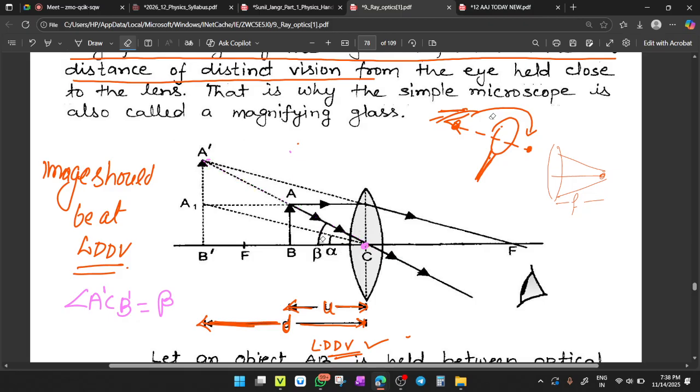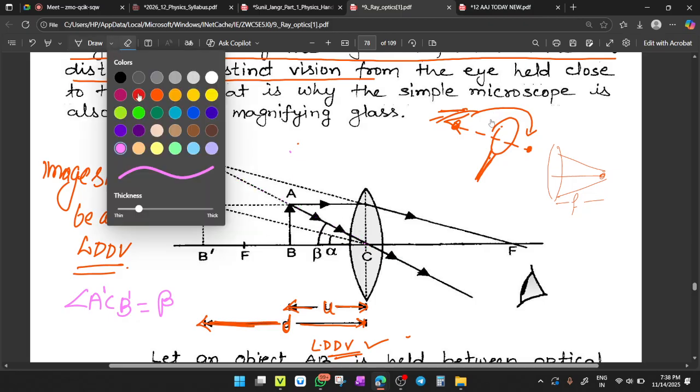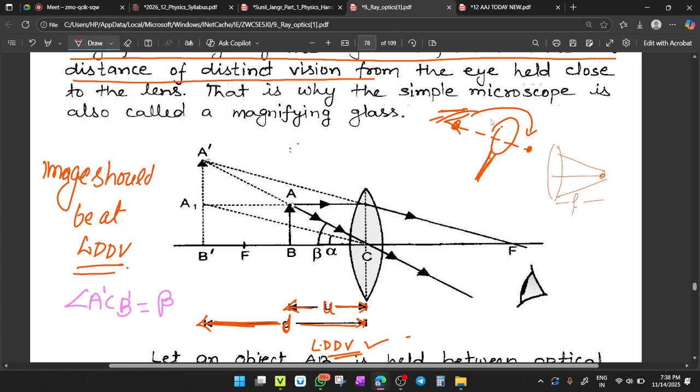So remember one consideration here. Previously, without any adjustment, your object is here, in front of the lens, but it is not necessary that it will form a clear sharp image.